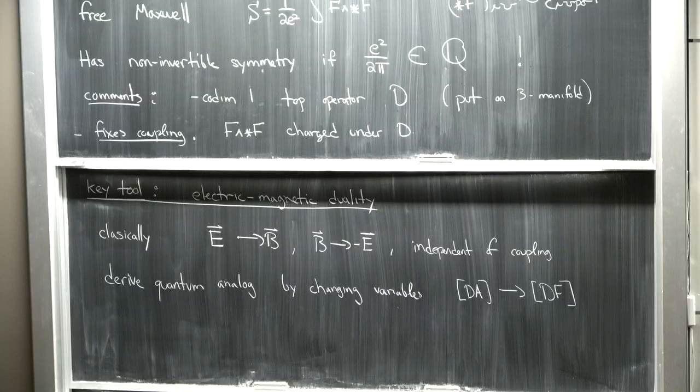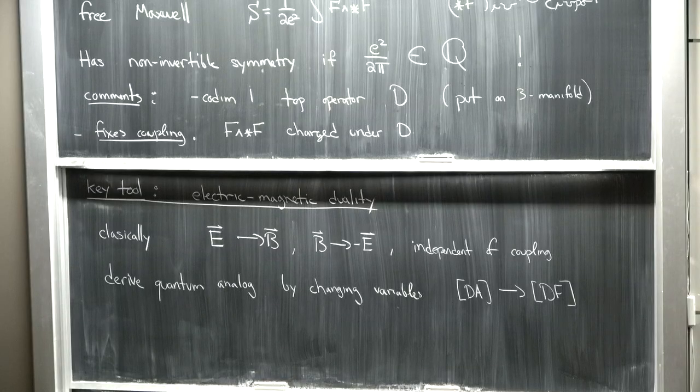And we know that dF is 0. So F is not arbitrary. So we're going to enforce that with a Lagrange multiplier. Okay.